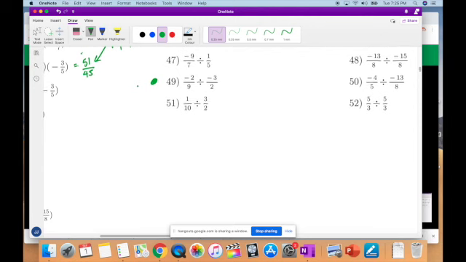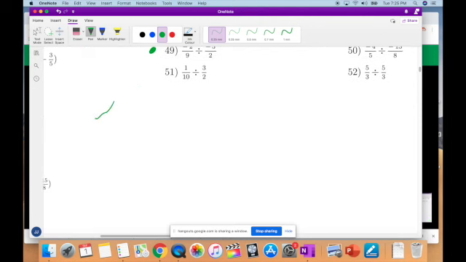I have 51 over 45. This is an improper fraction, and I want to change it to a mixed number. How do I do that?